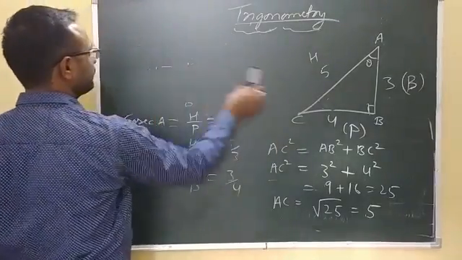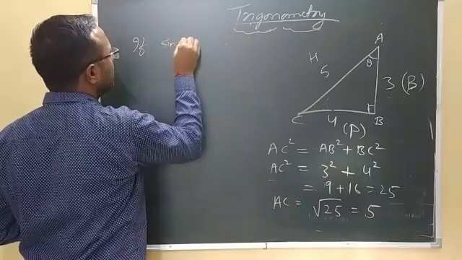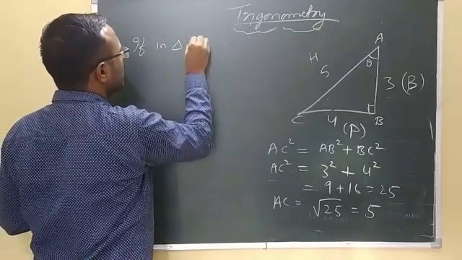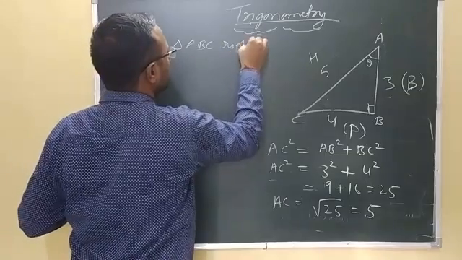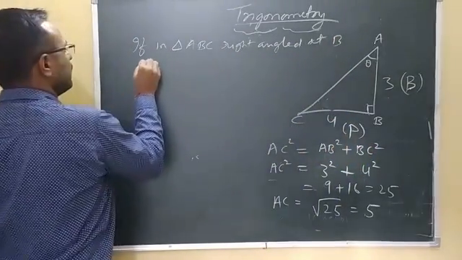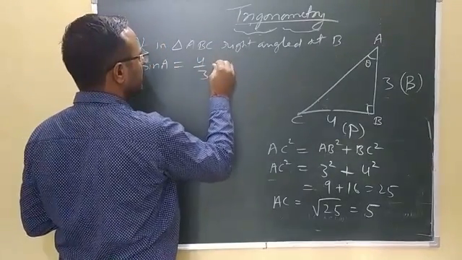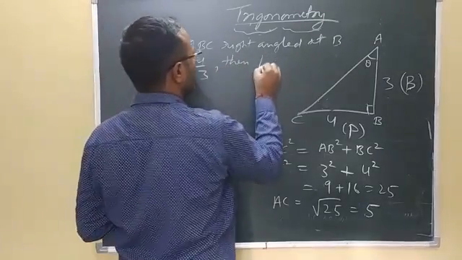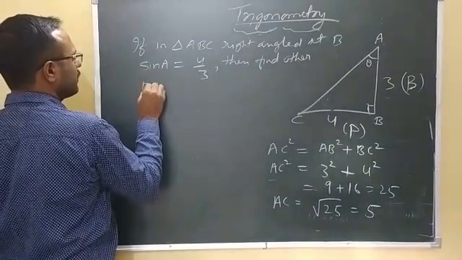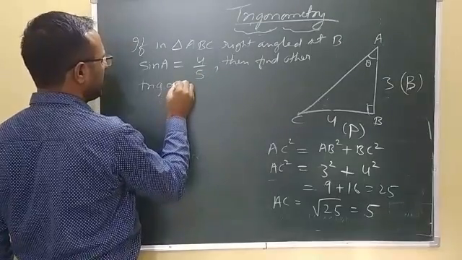The question might be like this: if in triangle ABC, right angle at B, sin A equal to 4 by 5, then find other trigonometric ratios.